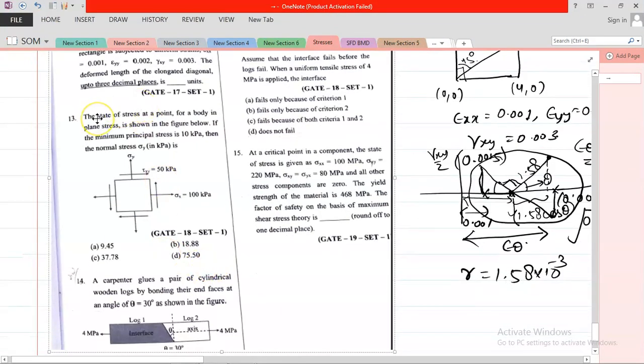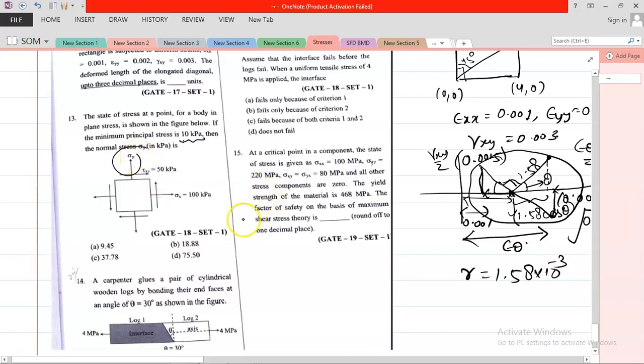So the next question is, the state of stress at a point is given. The normal stress we need to find is sigma y, and your minimum principal stress is given. Okay, and we need to find the value of sigma y.